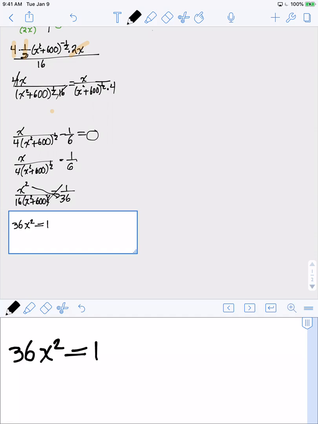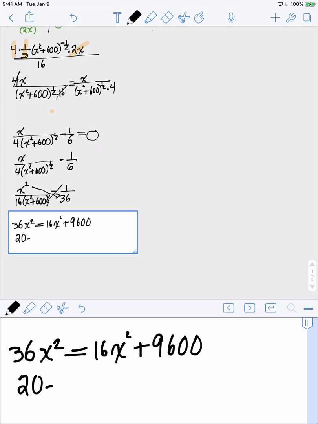So it equals 16x squared plus 16 times 600. That's just 9,600. Okay, let's get all this. Let me move the 16x squared to the other side. So 20x squared equals 9,600.